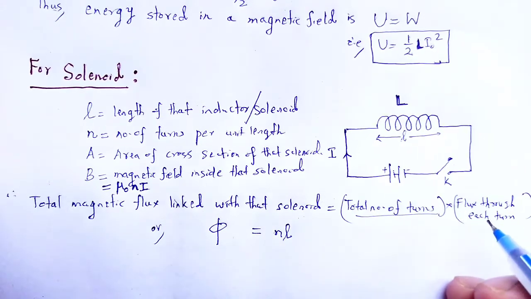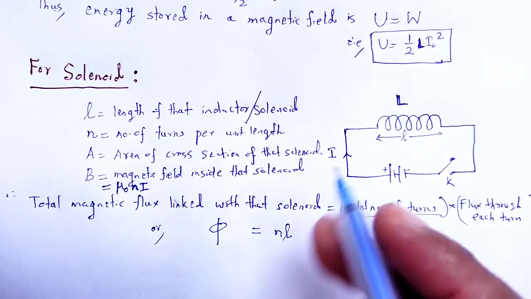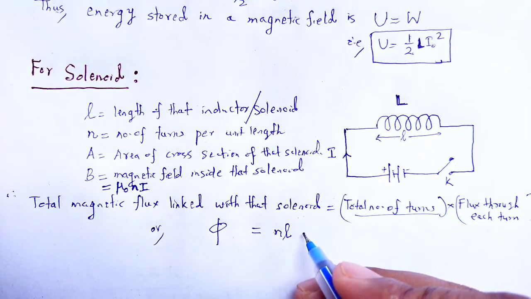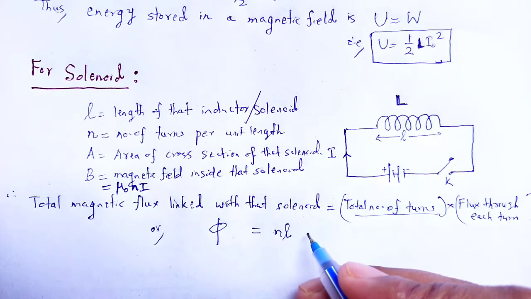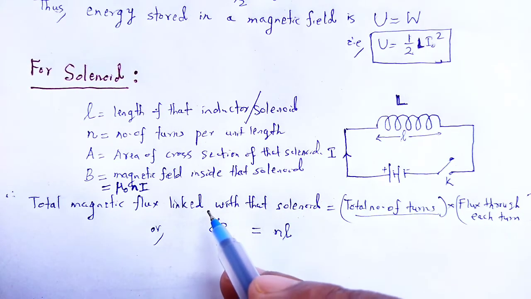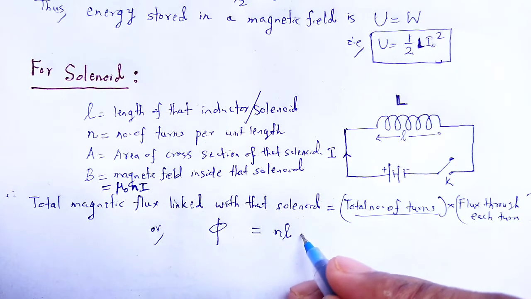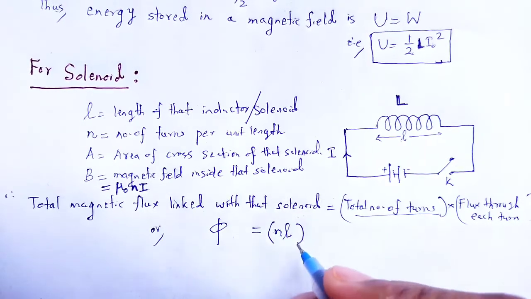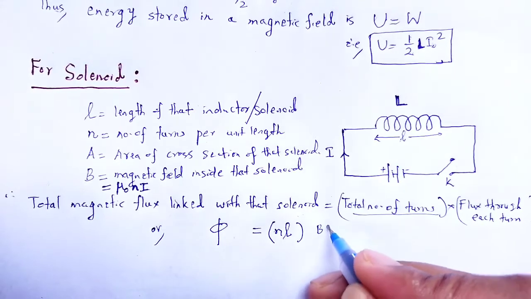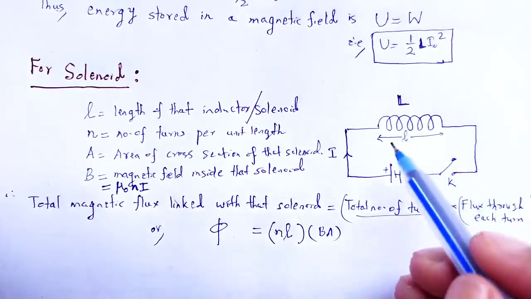So the flux through each turn is B into A, that is B, the magnetic field inside the solenoid, into the area of cross section.